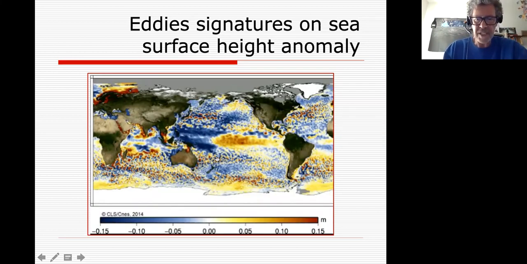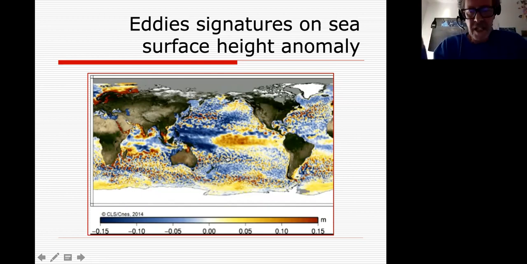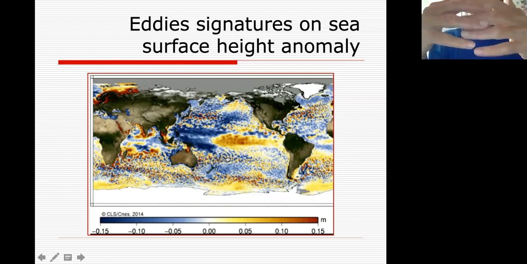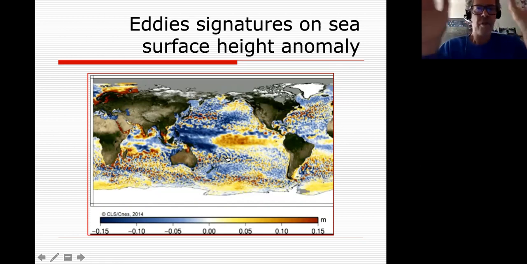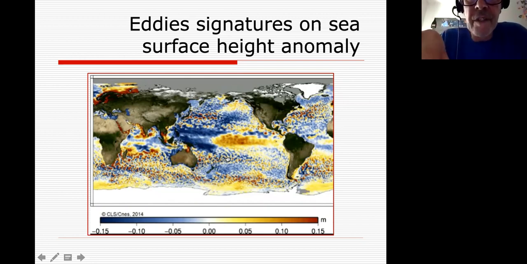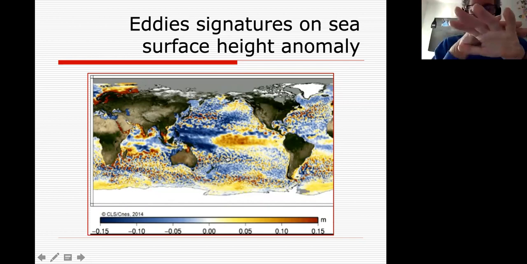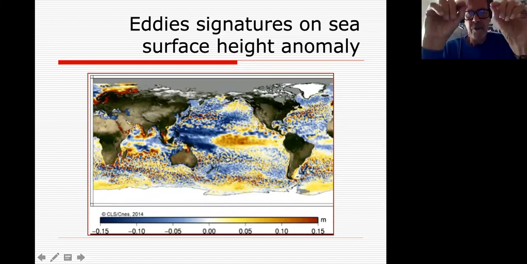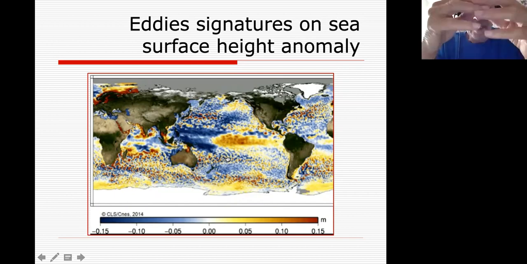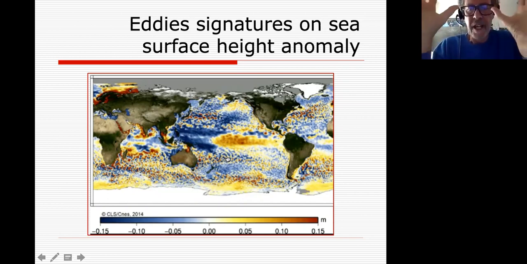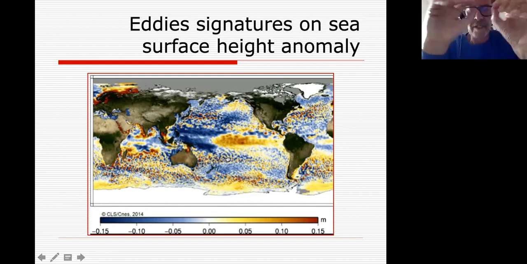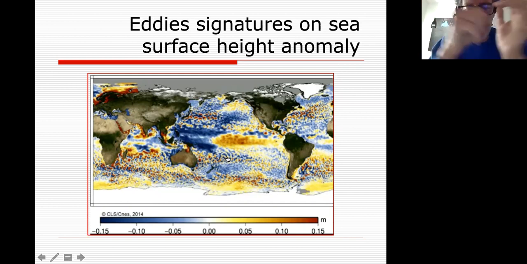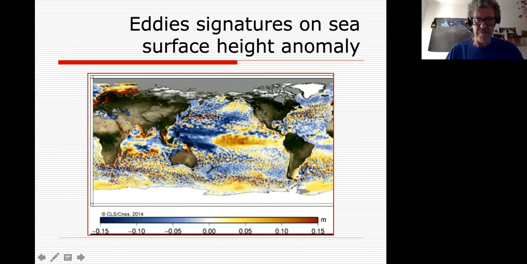Because the eddies are there, moving and active, it changes on the scale, as we saw, of weeks, so you do need either a lot of observations, or a satellite, and better, you combine in situ observations that are vertically resolving with satellite data that gives the picture of what's happening at the surface or in a near-surface layer, and then integrate them in a model with an optimal interpolator to give the analysis, which is the best we can do to have a picture of the water masses and the circulation with the surface height in a certain area at a certain moment.